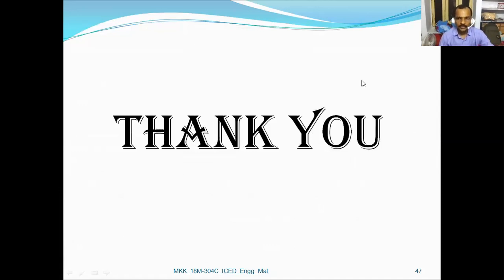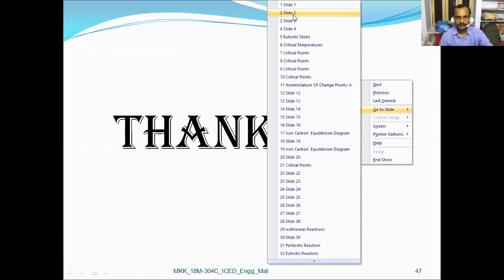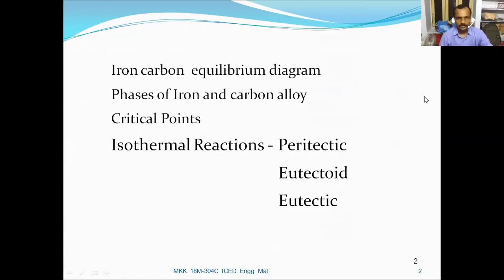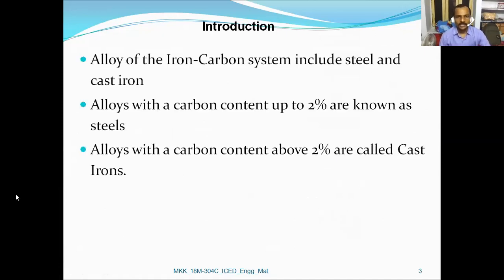So with this we have completed the topics, and let us have a summary of the topics covered. Initially we started with what is a steel and what is a cast iron, and we studied that iron with carbon content of up to 2% is known as steel, and above 2% carbon in iron is called cast iron.